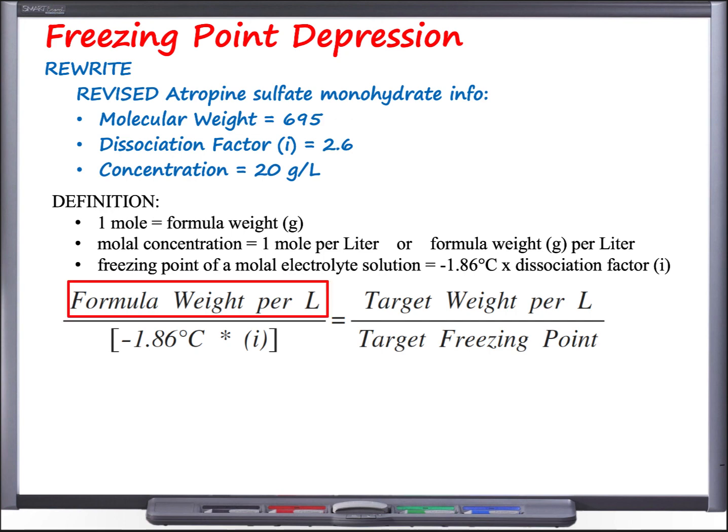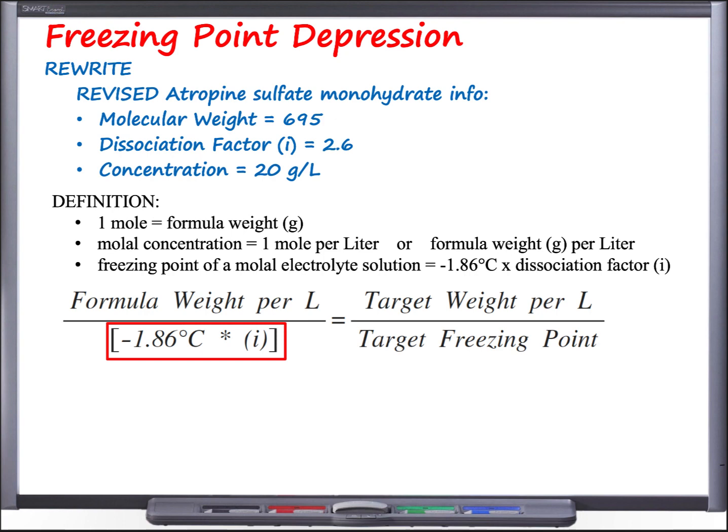We know that the formula weight of a drug per liter is equivalent to its molal concentration. So the formula weight in grams per liter is the molal concentration. We can set that over the fact that we know that concentration will have a freezing point depression of negative 1.86 degrees Celsius times its dissociation factor. That's from what we just said above.